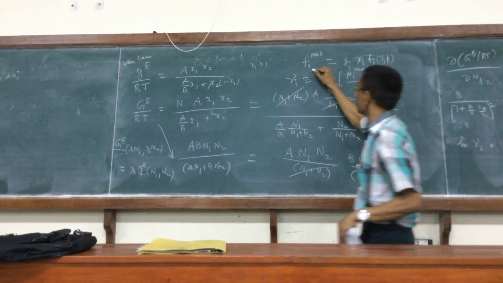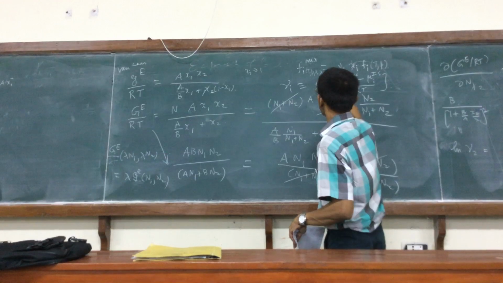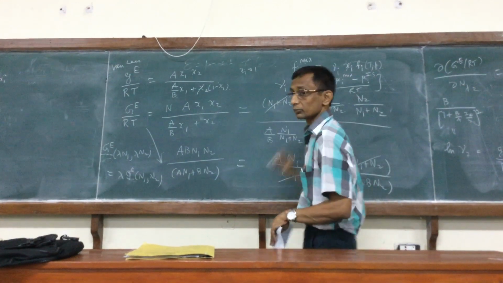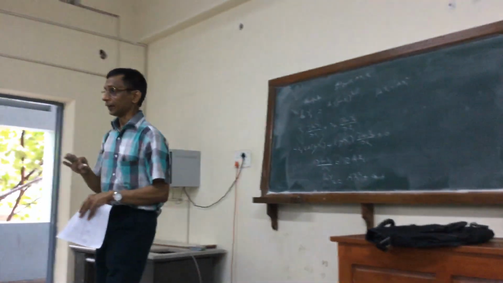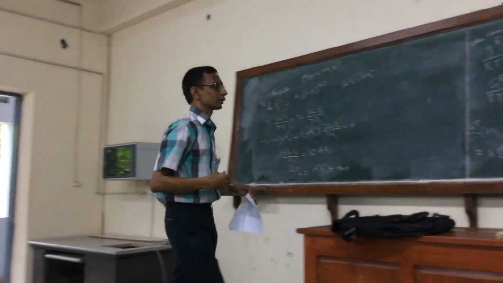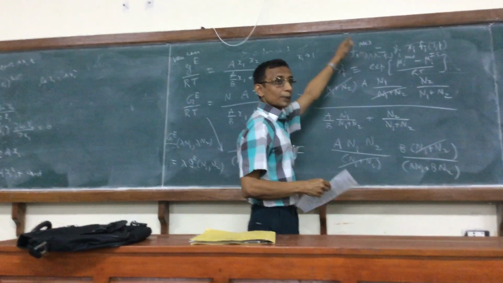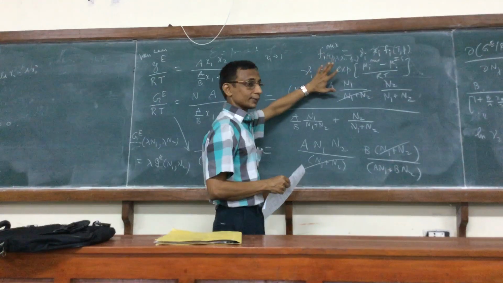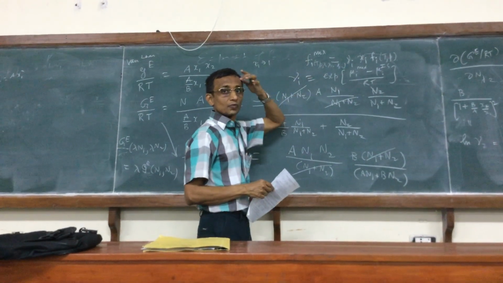Now, if we look at this, this is a function of x1, x2, up to xc minus 1. So let's consider one particular xi among the c minus 1. Of course, this can be written for an arbitrary number of components. You can ask what will happen to the c component, which we can consider separately. But this is in general a function of temperature, pressure, and the mole fraction.